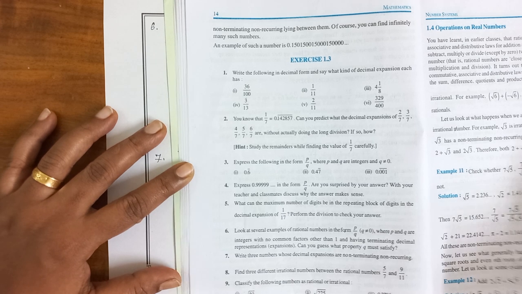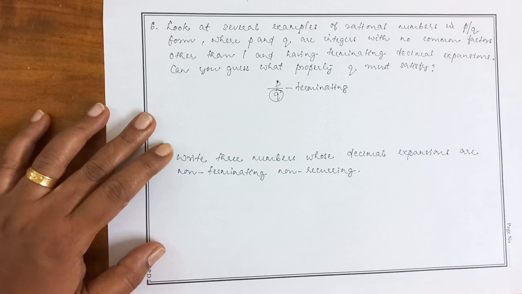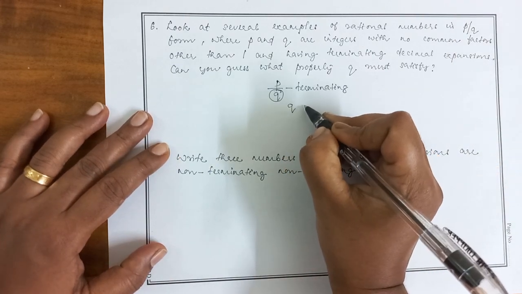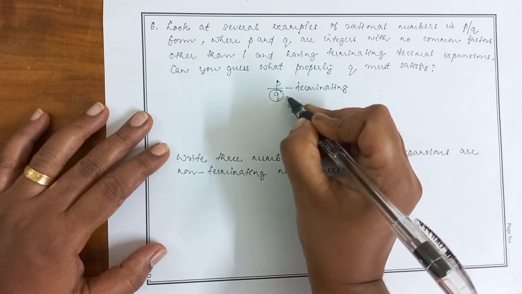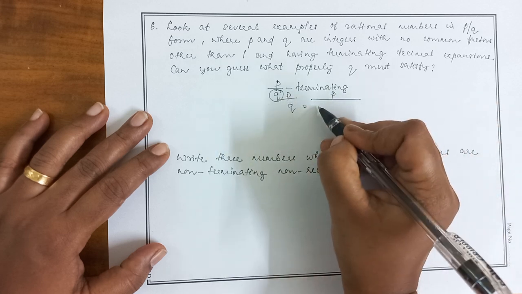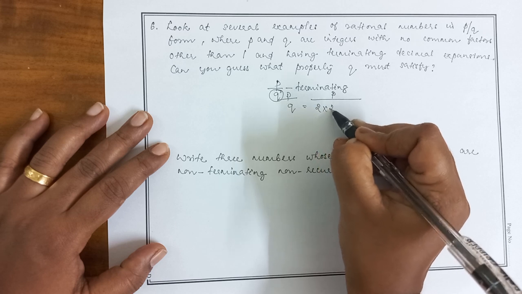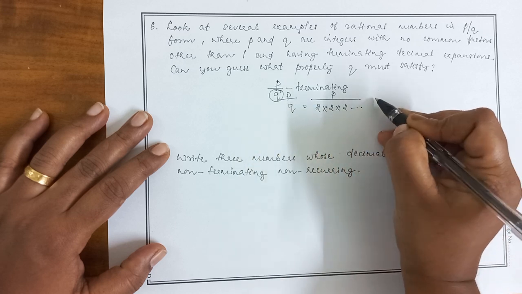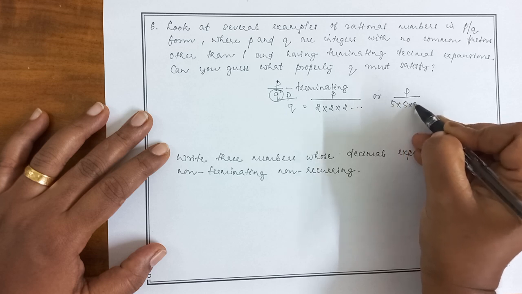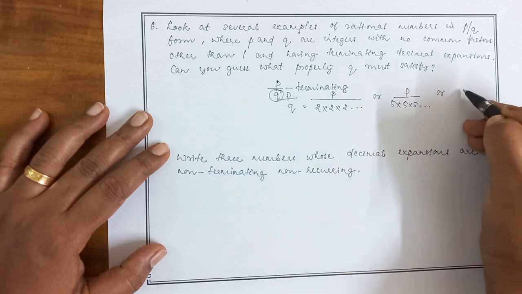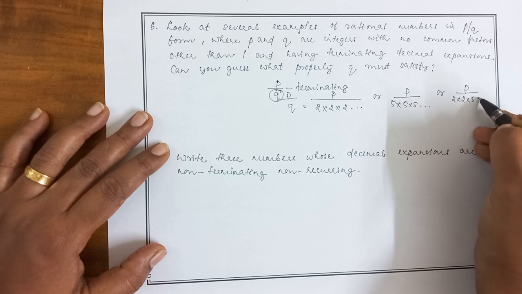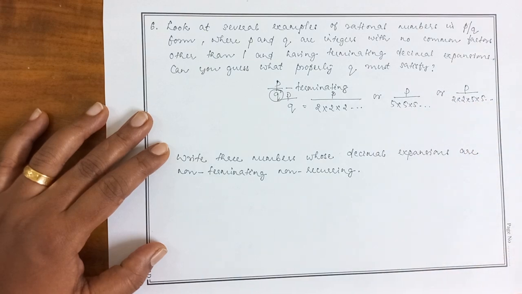That is, for p by q to be terminating, p can be anything, then q should be a power of 2 or a power of 5 or powers of 2 and 5.